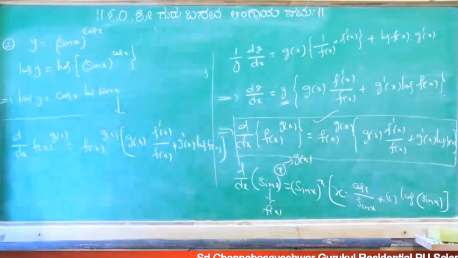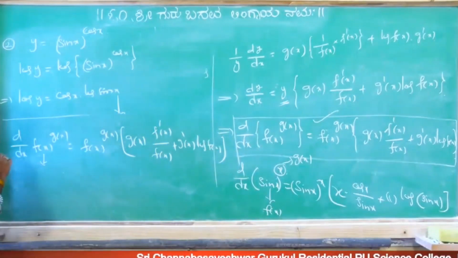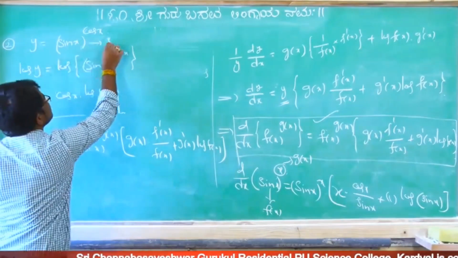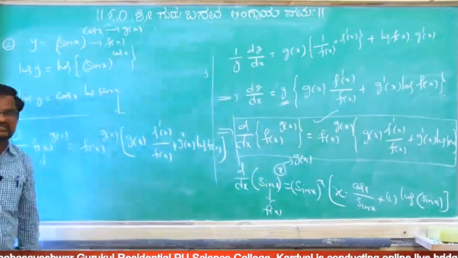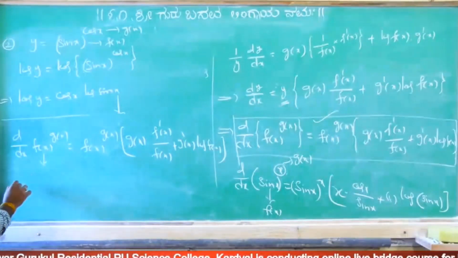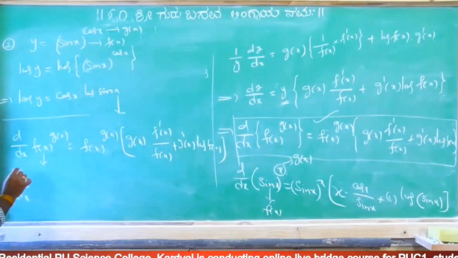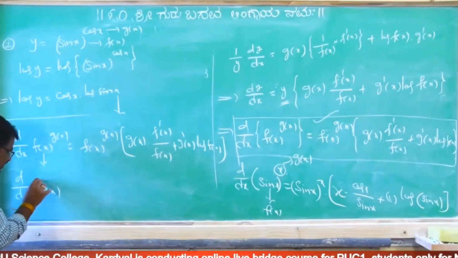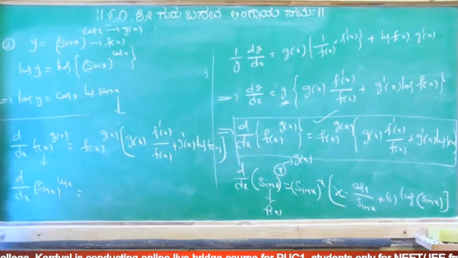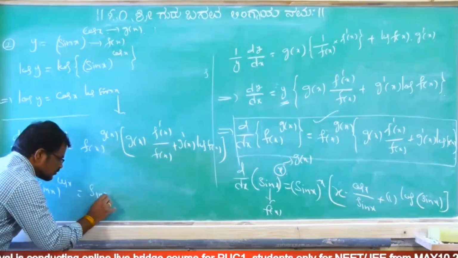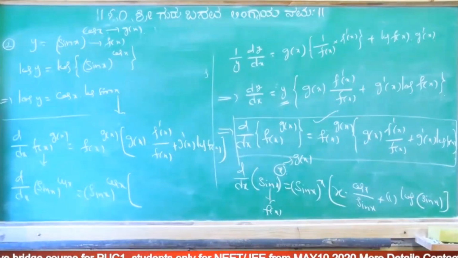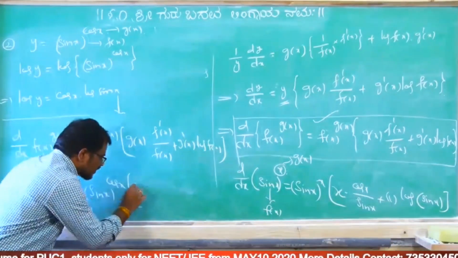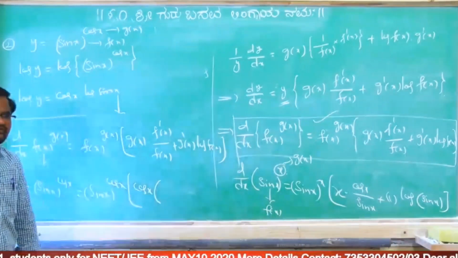Now what is f of x? F of x is the base. This is f of x and this is g of x. Power is g of x. Now same thing if you take here, sin x power cos x equals sin x whole to the power of cos x into g of x, cos x, into f dash x.